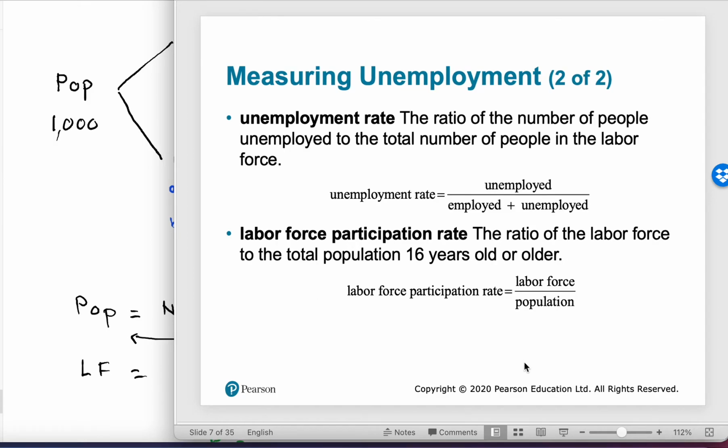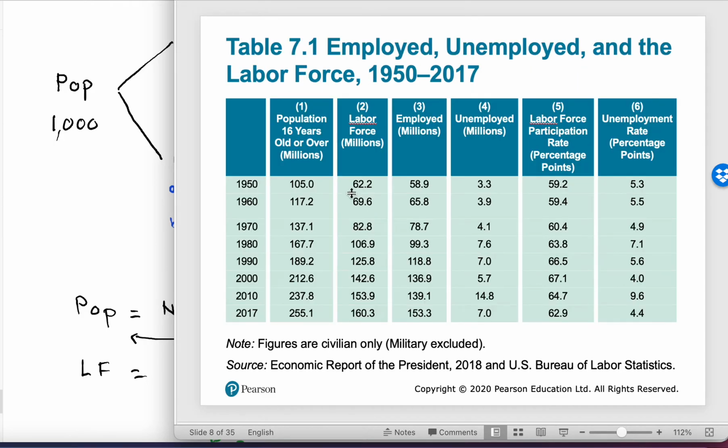So unemployment rate is the number of unemployed divided by the labor force, so employed plus unemployed. And labor force participation rate, or LFPR, is labor force divided by the total population. So we have the total population in the US from 1950 to 2017.